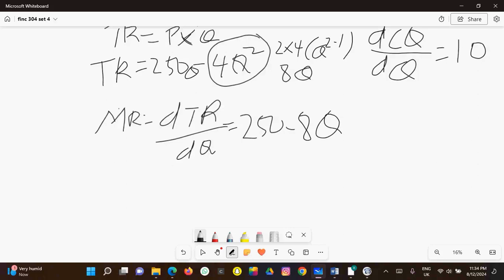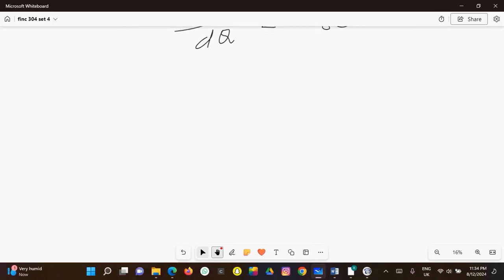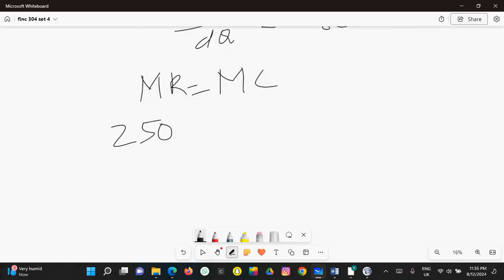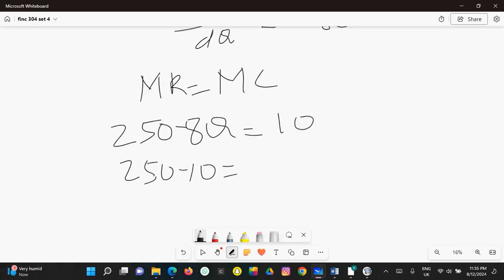Now, at the profit maximizing level, as we said, MR is equal to MC. So MR, as we solved, was 250 minus 8Q equal to 10, which is the MC. 250 minus 10 is equal to 8Q.